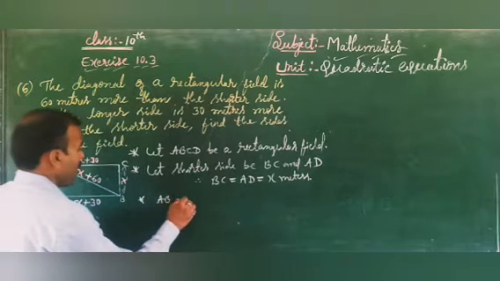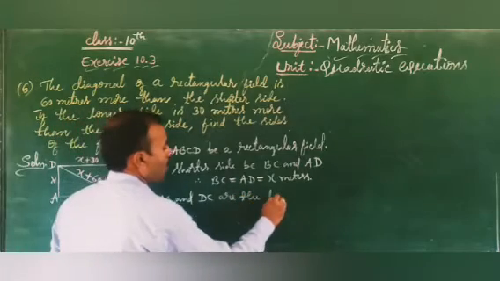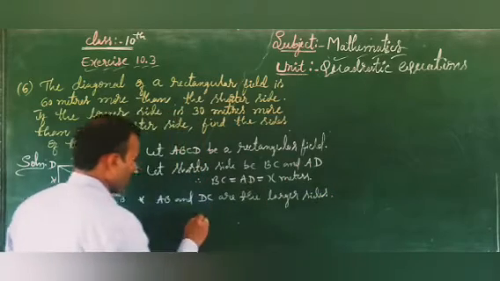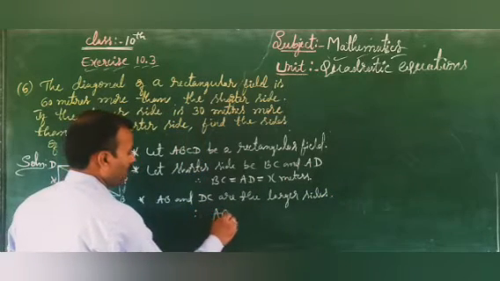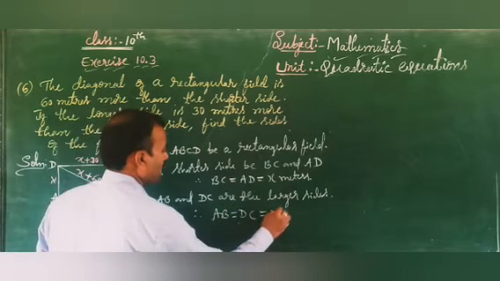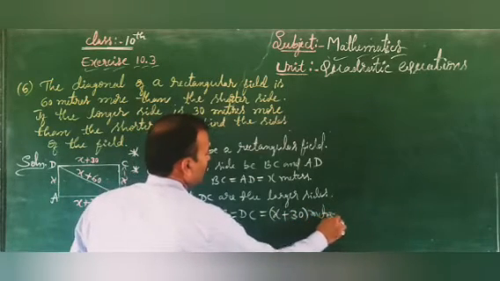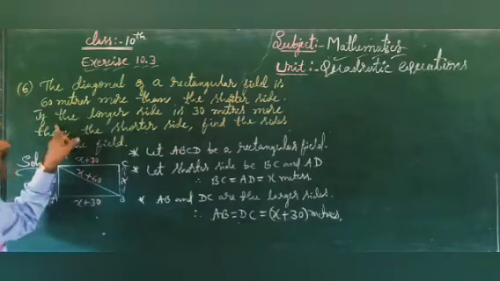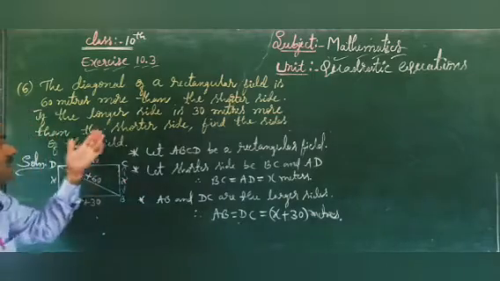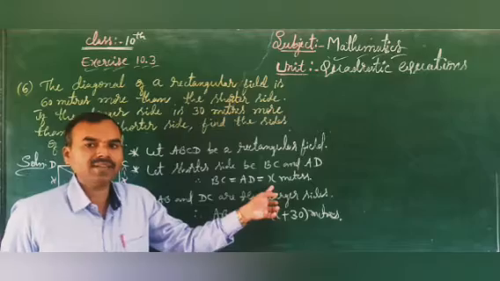AB and DC are the larger sides. Therefore, AB equals DC equals x plus 30 meters, because the condition is given: the longer side is 30 meters more than the shorter side, which is taken as x meters.